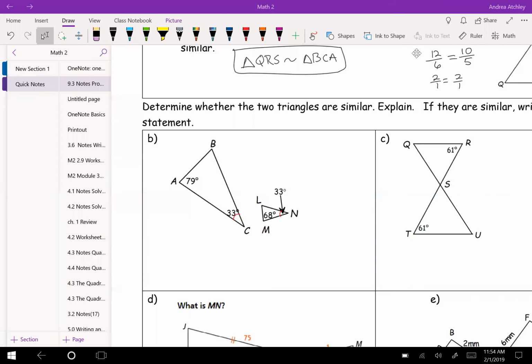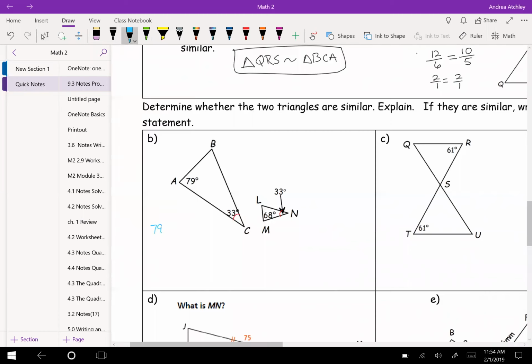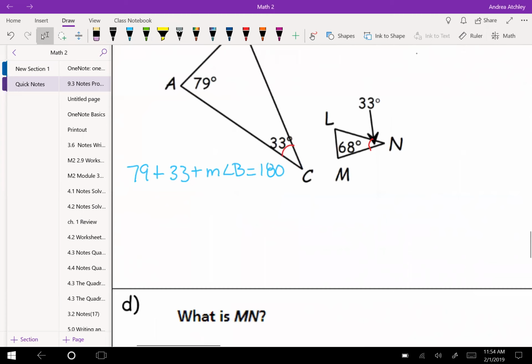Okay, so I know the sum of the interior angles of a triangle is 180 degrees. So I'm going to say that 79 plus 33 plus the measure of angle B is equal to 180. I'm going to combine those two and get 112 plus the measure of angle B equals 180.